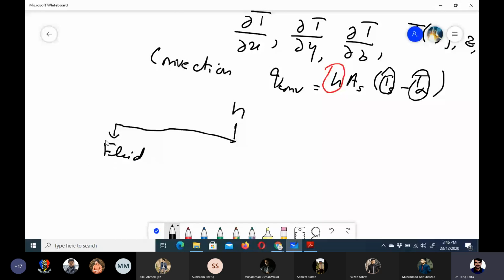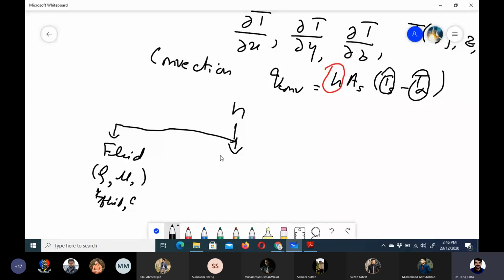It means that it depends upon properties like rho, mu, and k. Here k is for the fluid, it is not of the solid, right? And what is the C value, the specific heat? These properties.